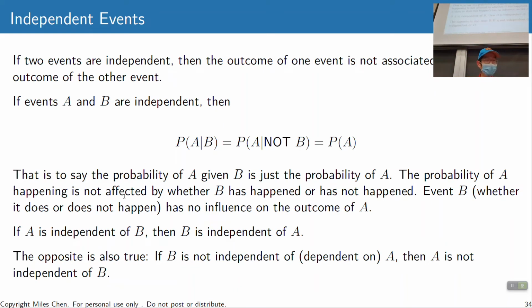But now that we've introduced conditional probabilities, we can talk about independent events. When we have independent events, it means the outcome of one event is not associated with the outcome of the other event.